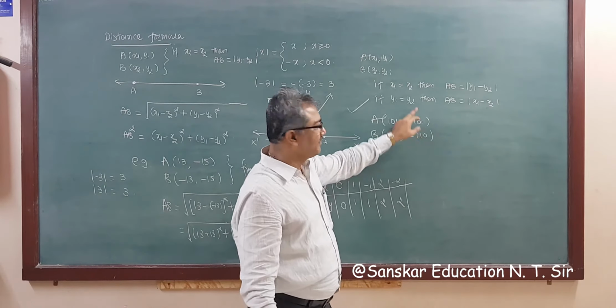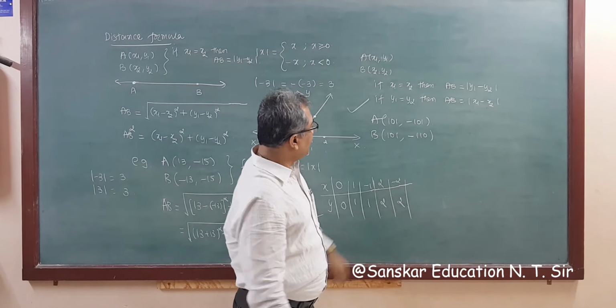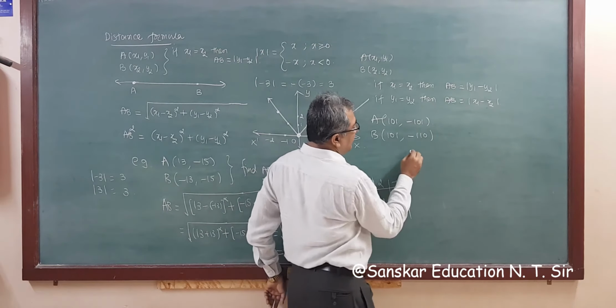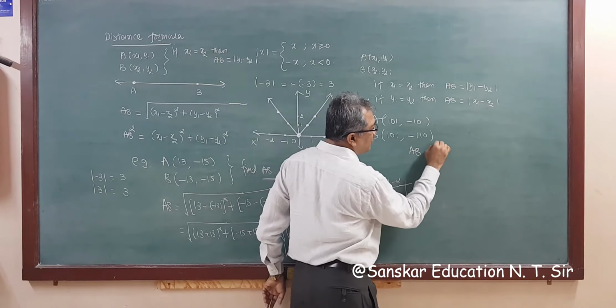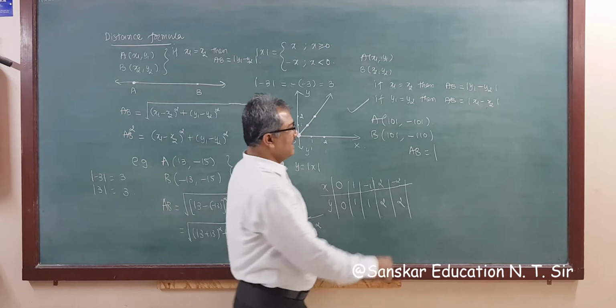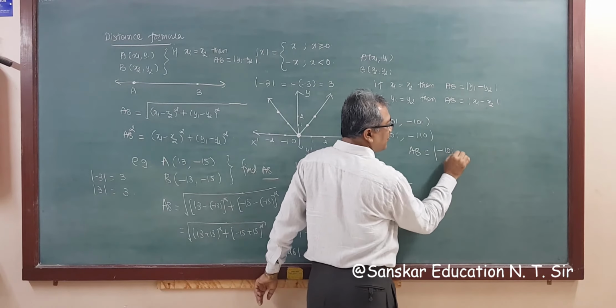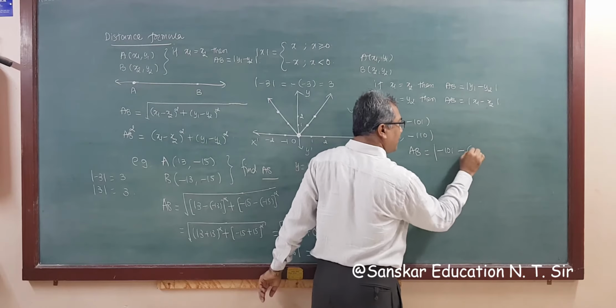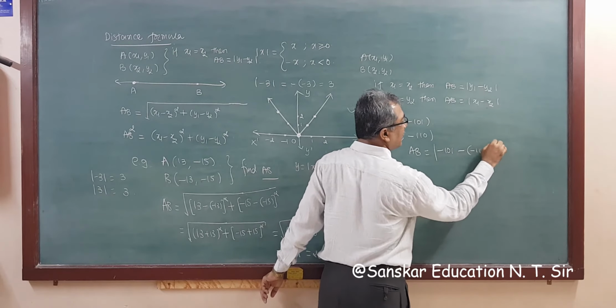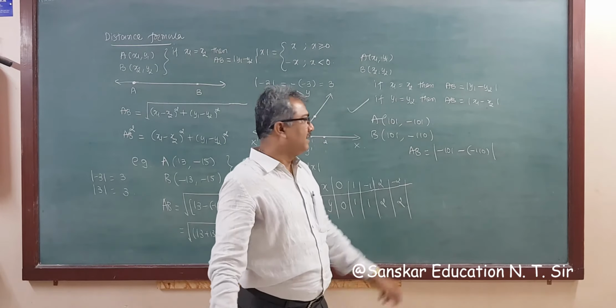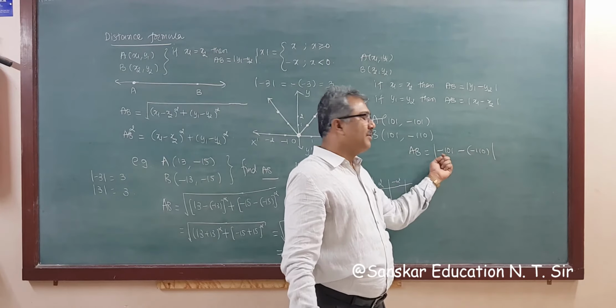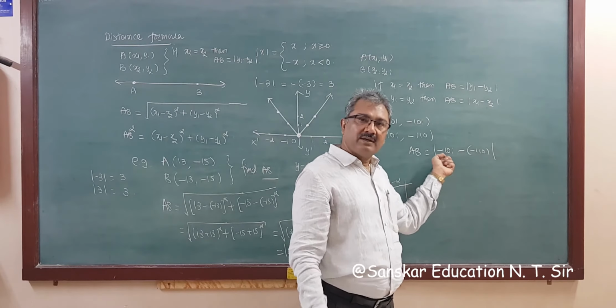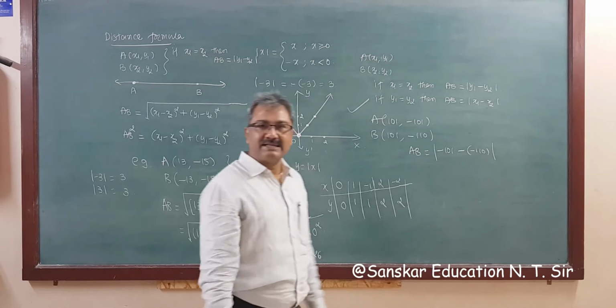The difference of this, that is AB is equal to the difference in modulus, that is minus 101 minus of minus 110. So this is your answer. This is plus 110 minus 101. So you will get your answer very easily.